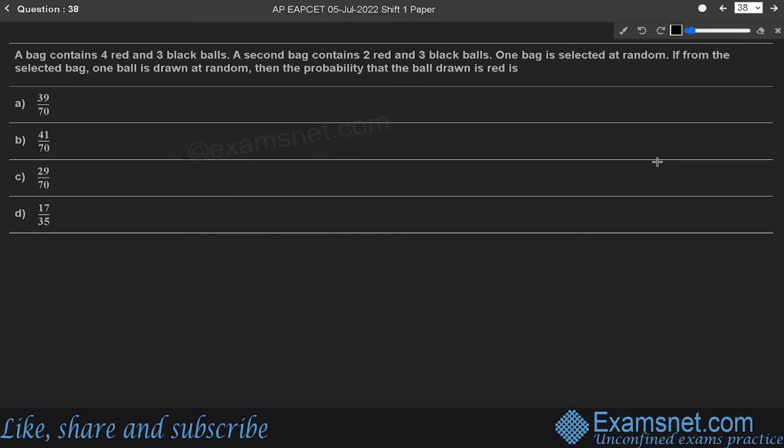And second way is selecting bag 2 and then drawing a red ball from it. Therefore, there can be two events. So let E1 and E2 denote the events as E1 is the event for selecting bag 1 and E2 is the event for selecting bag 2nd.